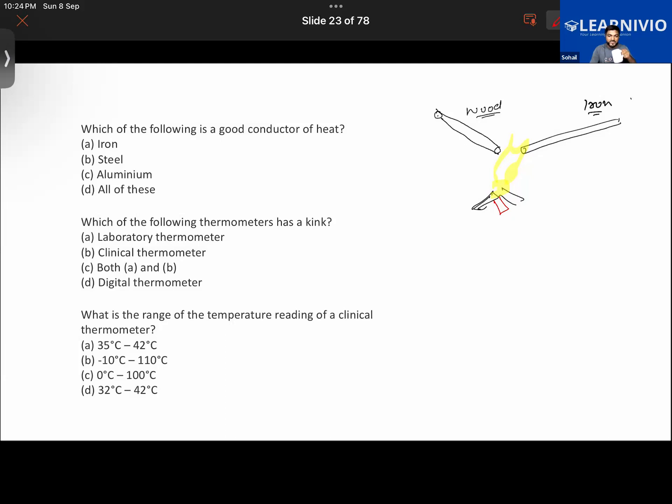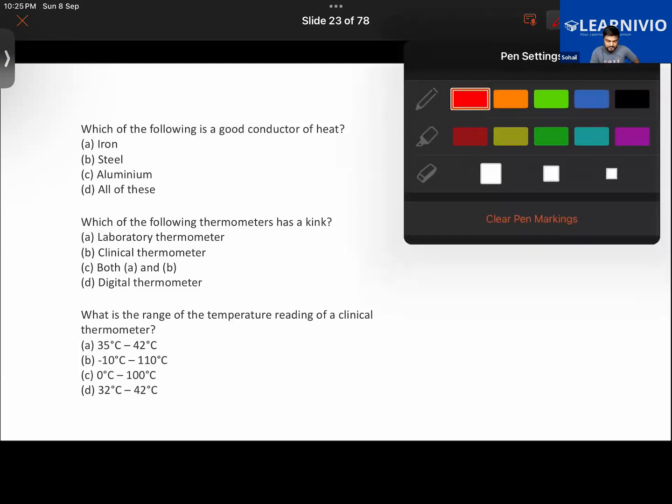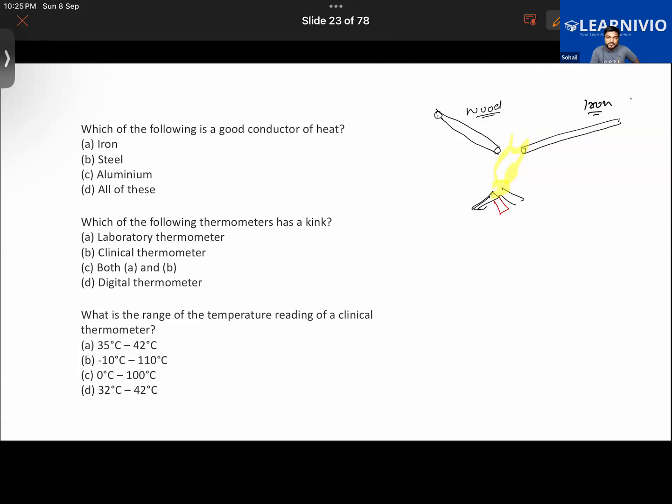Exactly. Why is it so? Sir, because the heat is transferred. Getting it, everyone? Because iron is a good conductor of heat. Exactly. What basically happens here is that the particles of this iron object start to shake. They will start to collide with each other, and with collision, they will pass on the energy to the next particle.